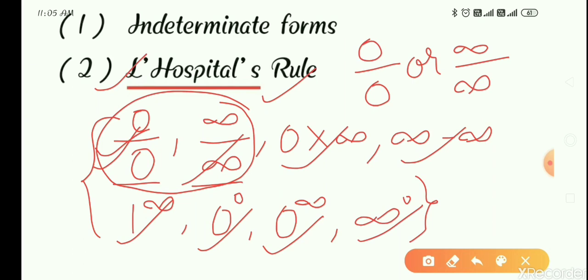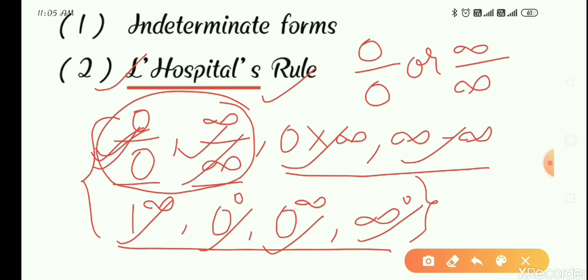Understood? One more time I am telling you, if in place of 0 upon 0 or infinity upon infinity, out of the remaining 6 indeterminate forms you get one form, then first you convert that form into 0 upon 0 form or infinity upon infinity form. Then you apply L'Hospital's rule. Otherwise you cannot apply L'Hospital's rule. Then you find the limit.